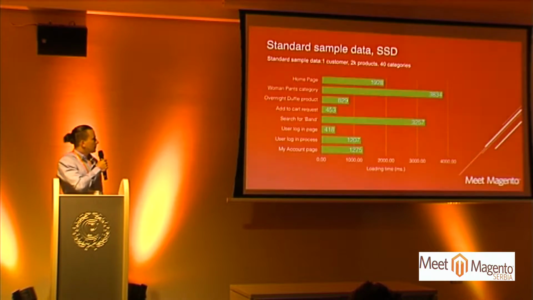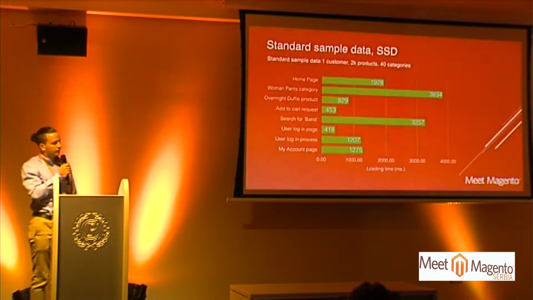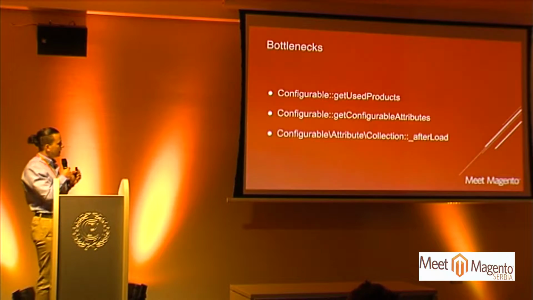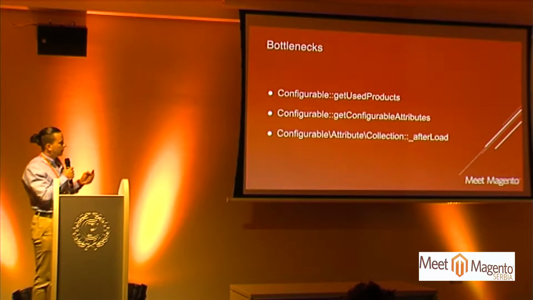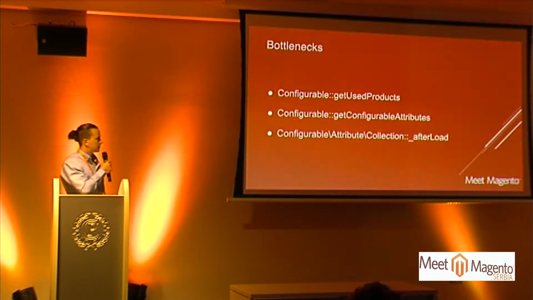And on the category page, in this particular case, we have only configurable products. And if we check the built-in profiler, we find that there are three methods, the slowest methods of the page, and the bottleneck of the page is in these three methods.